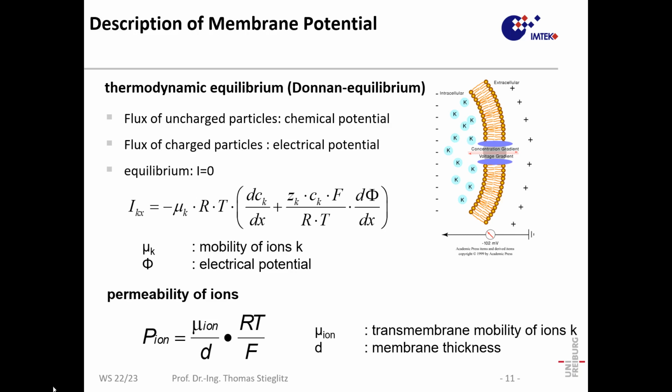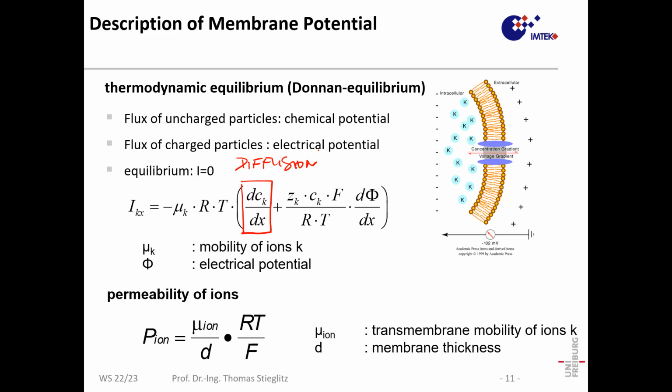We have here 2 parts. That is the first part. This is the equation that you might know from diffusion, the derivative of the concentration over space. And we simplify that here.